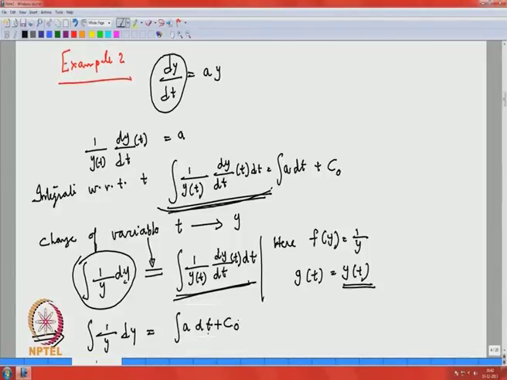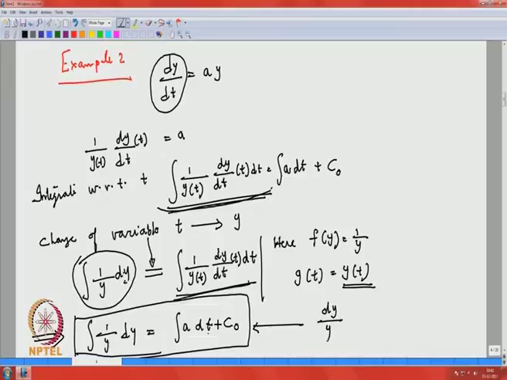So, you arrived at this formula with a change of variable, and this is again symbolically represented by dy by y is equal to a dt.